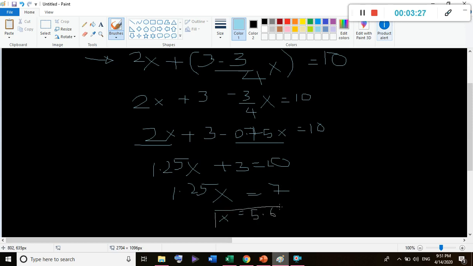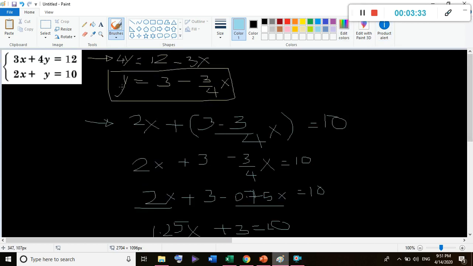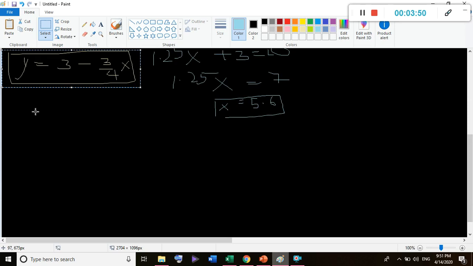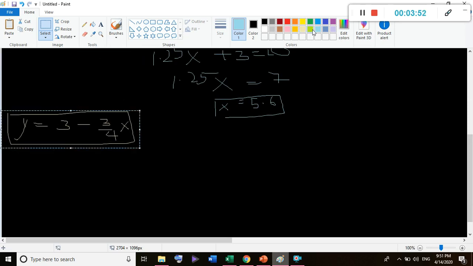Now we got the answer for x. So we're going to substitute x now to find y. We can substitute into either equation to find the answer for y. Let's have this equation downward here, so we can easily substitute over here. It's going to be this one. So now let's substitute into this equation.